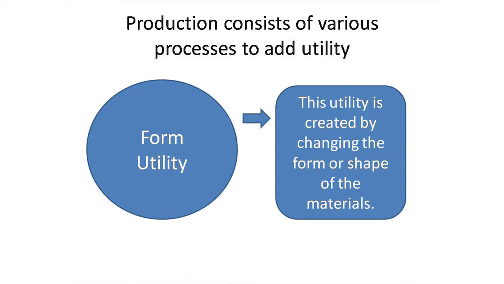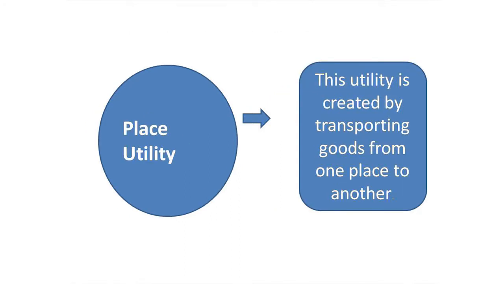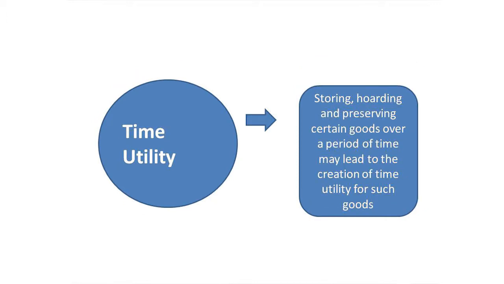Second type of utility is place utility, which is created by transporting the goods from one place to another. One more type of utility is time utility, which is nothing but storing, holding and preserving certain goods over a period of time, which may lead to creation of time utility for such goods.